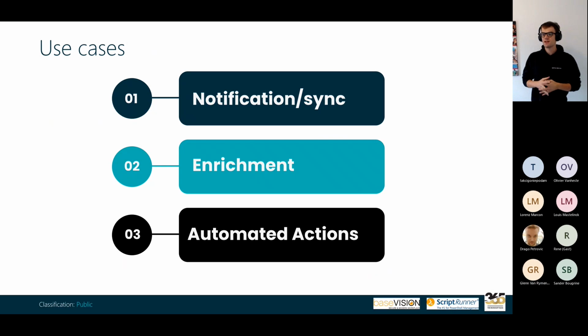Besides that, we have enrichment, and I think that's probably the biggest part, and it's the quickest win you can have when looking into automation. When you do incident response, there will always be some manual tasks, tasks which will always be the same in each incident you do. For example, if you get an incident with an IP, you will want to know what is the reputation of that IP? What is the geolocation of that IP?